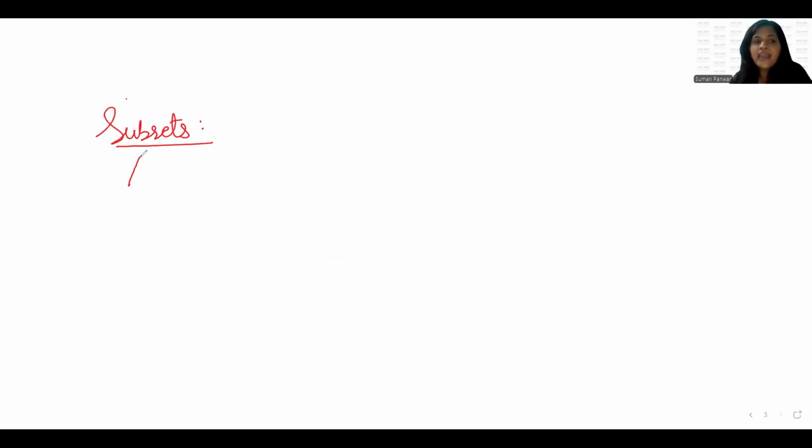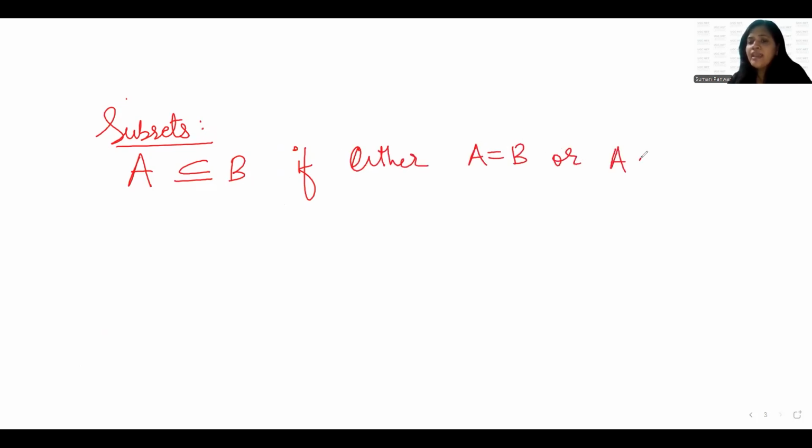So A is called a subset of B if either A is equal to B or A is strictly inside B. What does it mean?